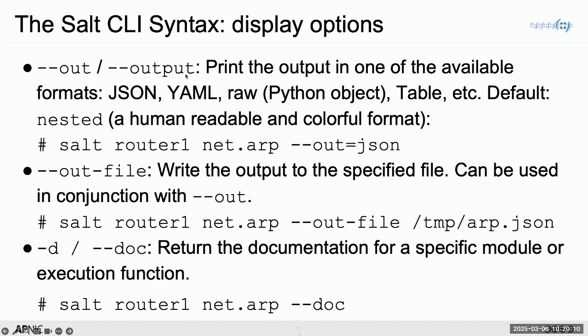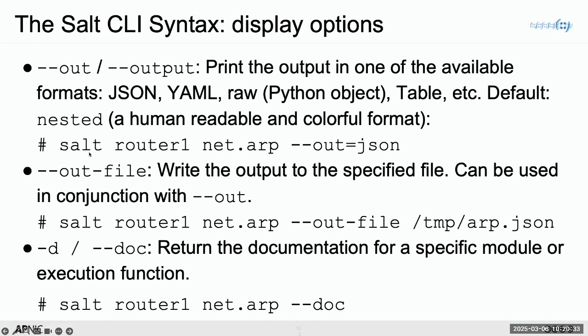You can print the output in one of the available formats, which is JSON or YAML, or you can have the Python object, and you can have tables, and the default is YAML, which is the human readable and colorful format.